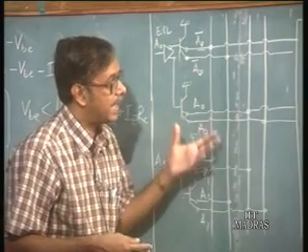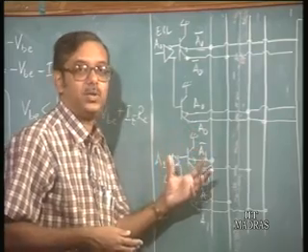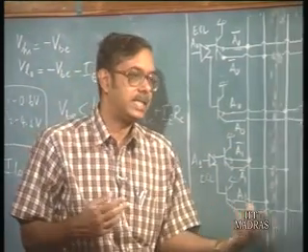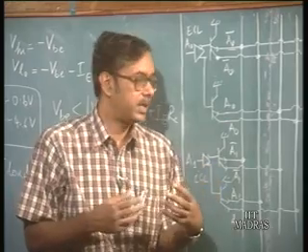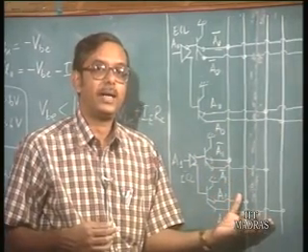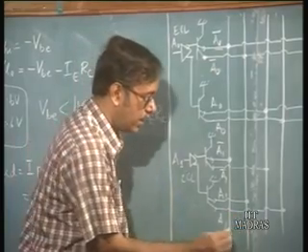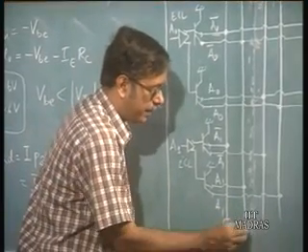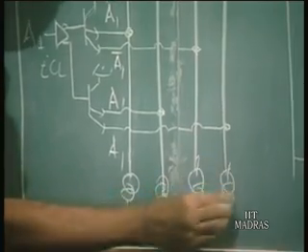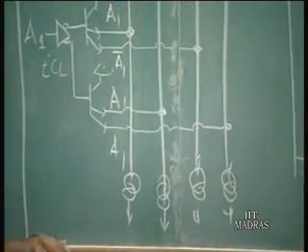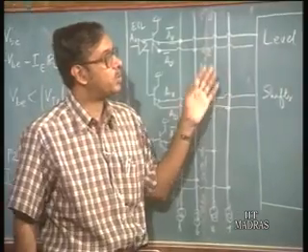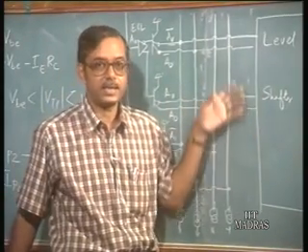This decoding is done at the ECL level only. It can be done very simply because with ECL you can do a wired operation. So this decoder can be realized very simply by doing a wired operation. Here you have the current sources, of course, going to ground. Then you do the same thing as you have done in the previous case.